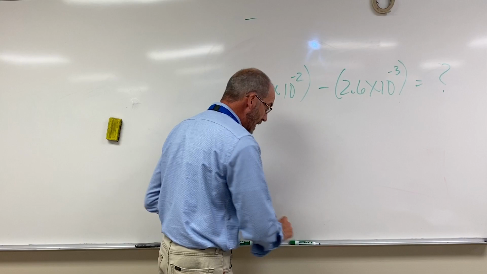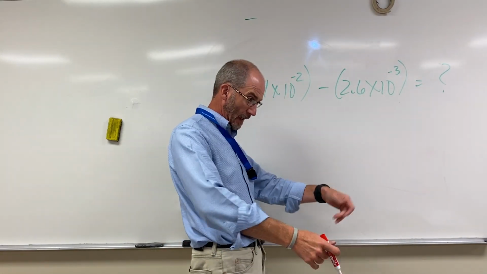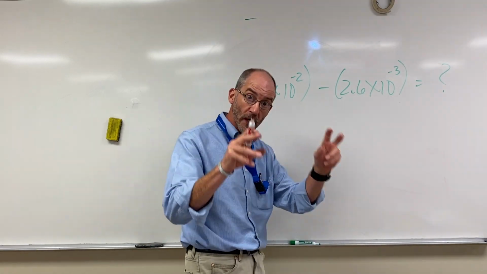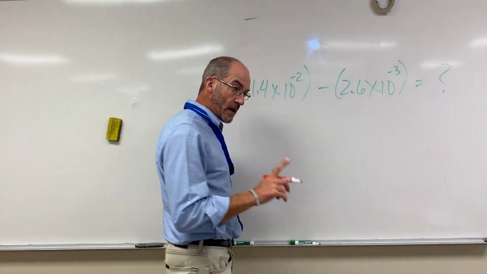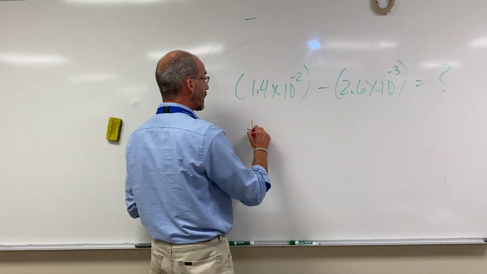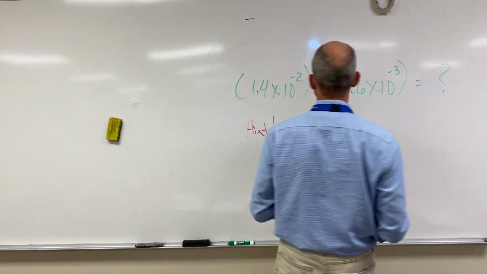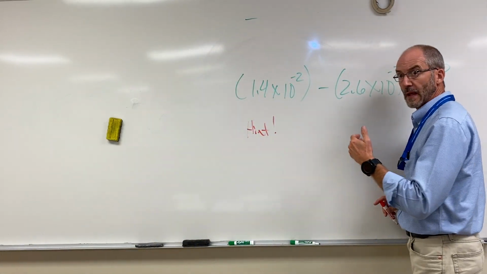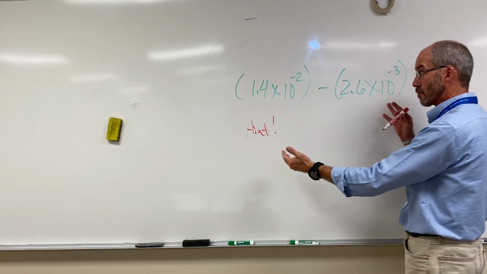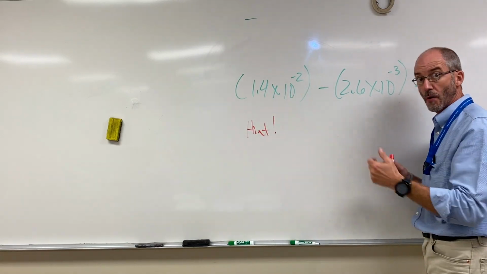So we're going to create a little rule, a little hint, a little way of doing business. And our way of doing business is we're going to look at our problem. So here you go, hint, hint. And what are we going to do? We're going to look at our larger measurement, because this number is bigger than this number, as you know.